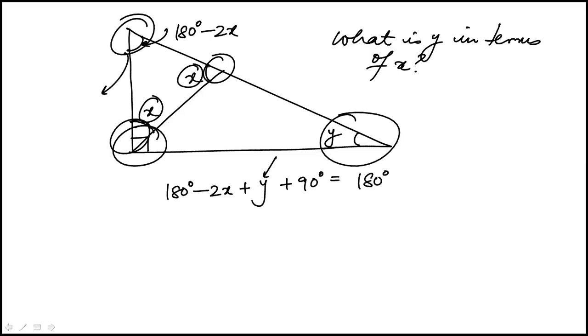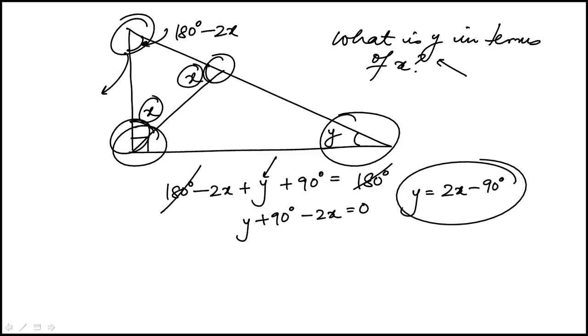And I need to now just isolate y, because they're asking for what is y in terms of x. So you subtract 180, I get y plus 90, and then this is minus 2x equal to 0. Add 2x to both sides, and then subtract 90, I get y equal to 2x minus 90.